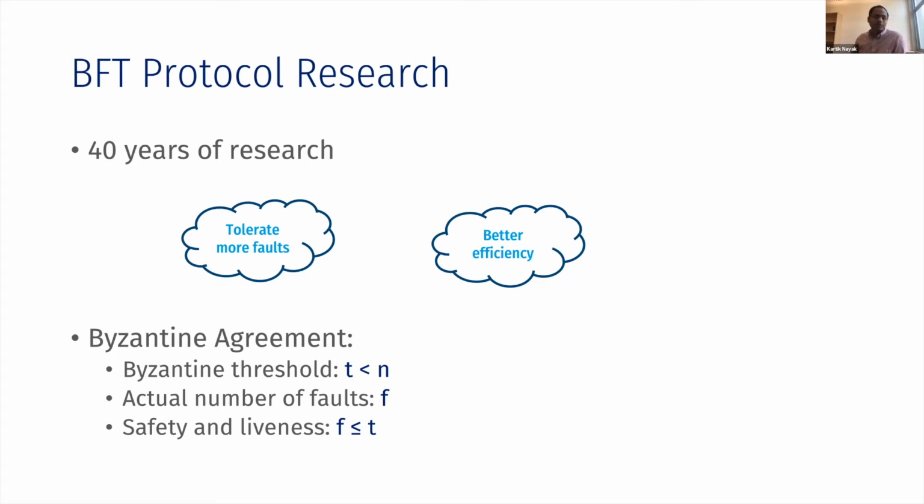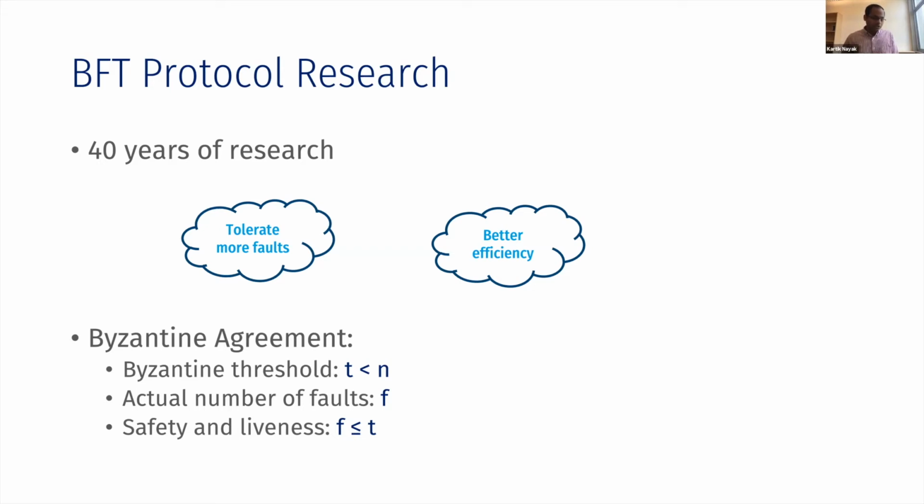And the focus here has been to tolerate a large number of faults, and it depends on what faults these are. If they're crash versus omission versus Byzantine, the fault tolerance can vary. Again, depending on the network settings as well as the cryptographic assumptions I make, the fault tolerance varies. So in each of these settings, there has been a lot of focus in consensus protocols to tolerate as many faults as possible, and at the same time, achieve good efficiency. Efficiency metrics here can be latency, communication cost, and so on and so forth.